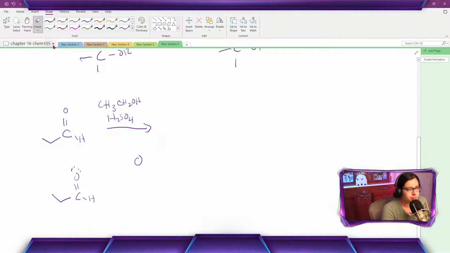You could draw it as hydronium, but I'm kind of taking a shortcut here, drawing it as H plus. So this oxygen will pick up H plus, become protonated. And so now oxygen has a positive charge like this.